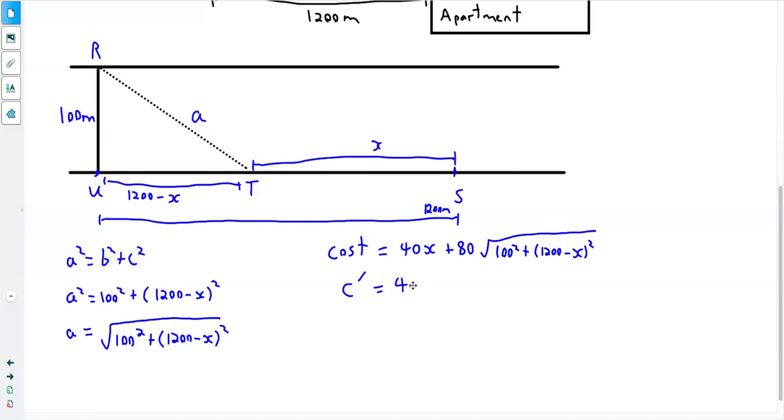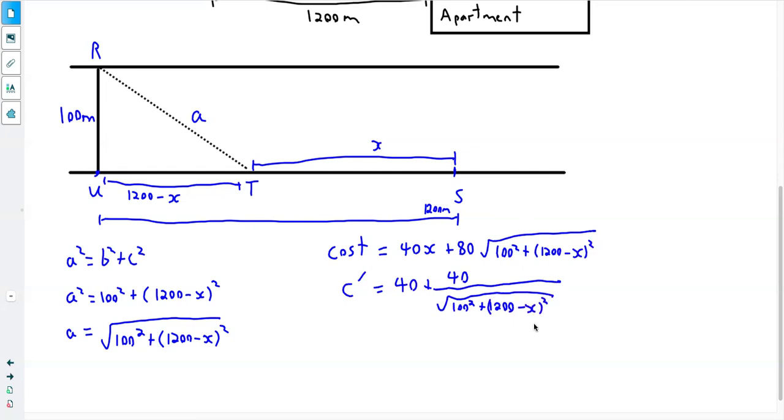So we would have 40 plus, if we take the derivative of this, it would be 1 over 2 times the root of this. That 2 will partially cancel out with the 80. So we've got plus 40 over the square root of 100 squared plus (1,200 minus X) squared.